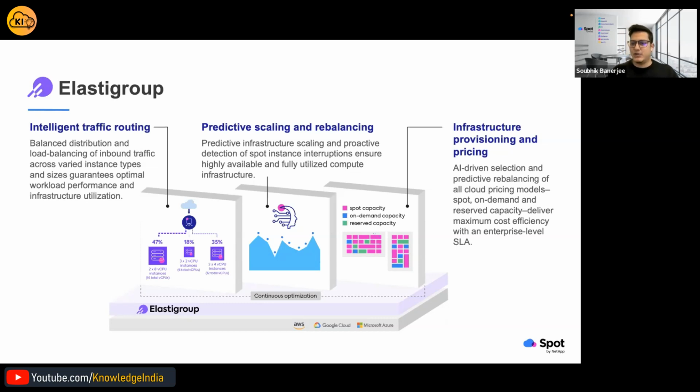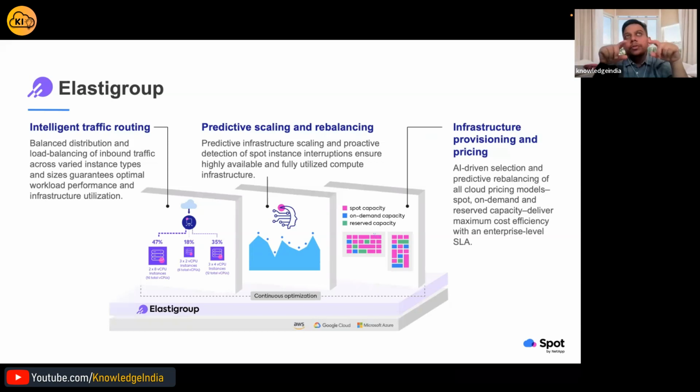And even before this interruption happens, we launch an instance from a separate Spot market, which is not going to be interrupted in say X amount of time in the future, and we move your application from the instance which is about to go away to the new instance gracefully, and then we drain out the old Spot instance.